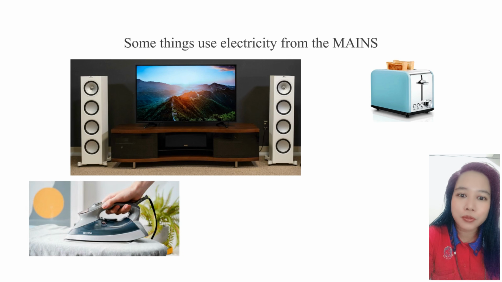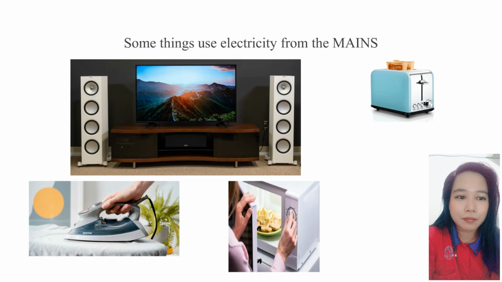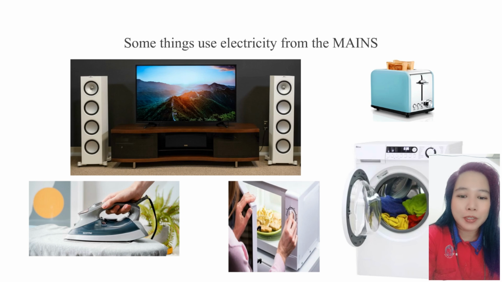You can go to school with your clothes ironed and looking neat because of the iron, and the iron uses electricity. We also have the microwave oven. It is used to heat up food. And the washing machine works with the use of electricity.